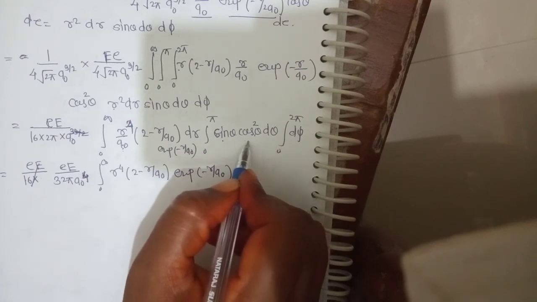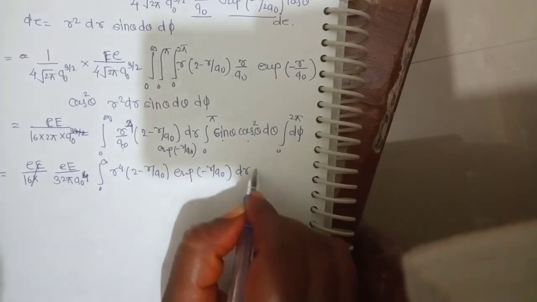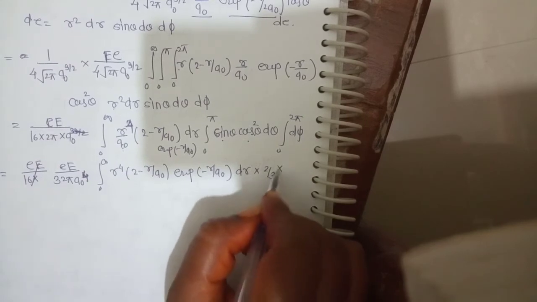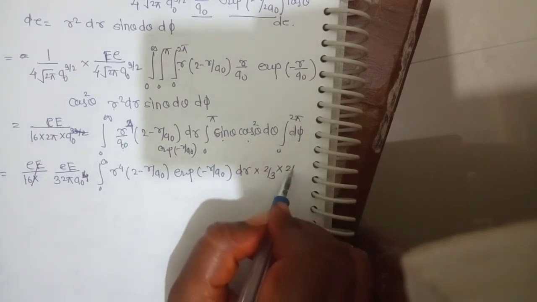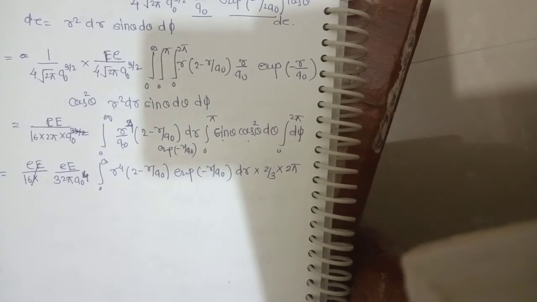You will get the value for that is 2 by 3. Again here d phi, so we can write 2 pi.